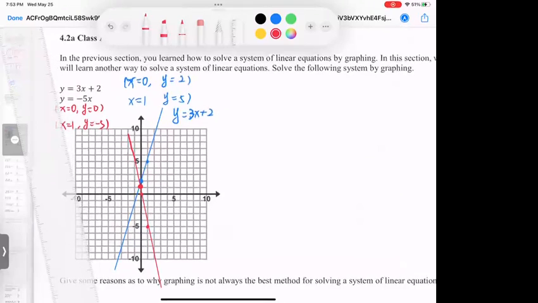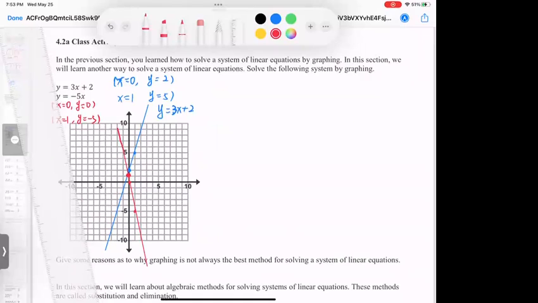Okay, so everyone, let's see from here. Y is 3X plus 2. Y is negative 5X. So how do we solve the equation? Basically, Y is the same point, so Y is equal to Y. So equation 1 equals equation 2.